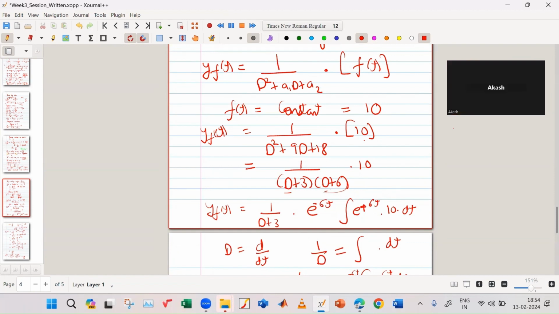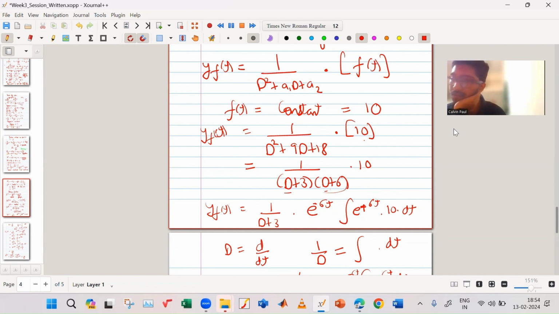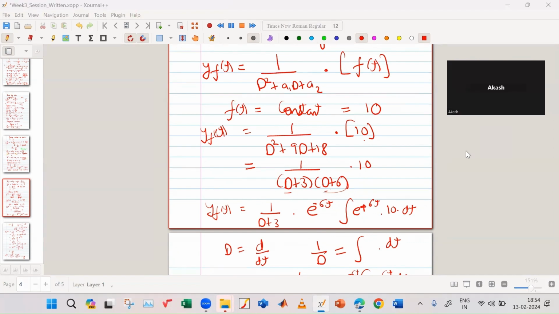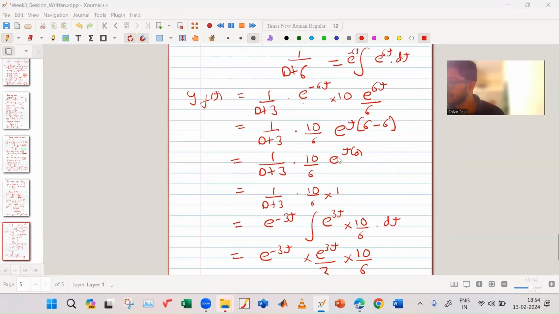That's a simple way. Once you have solved all this, then you can easily identify how to do it.